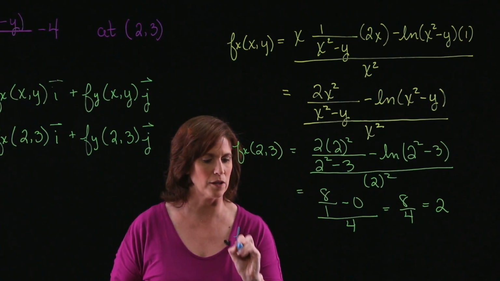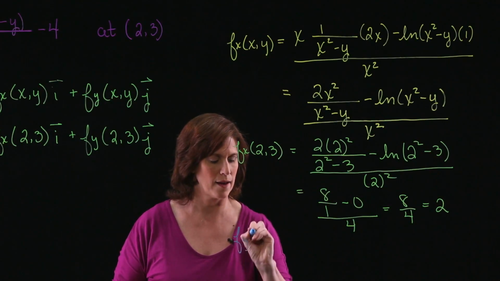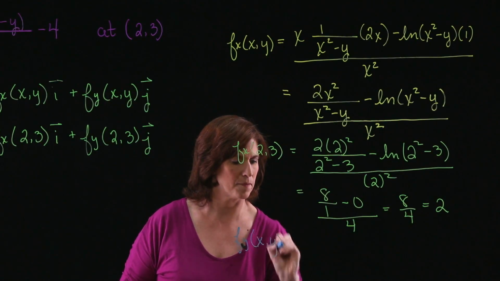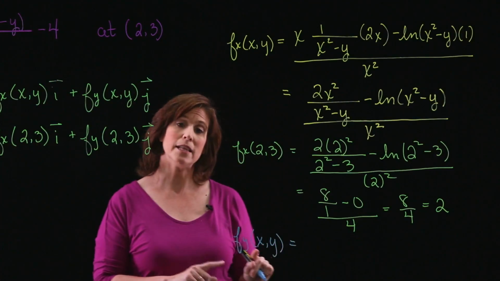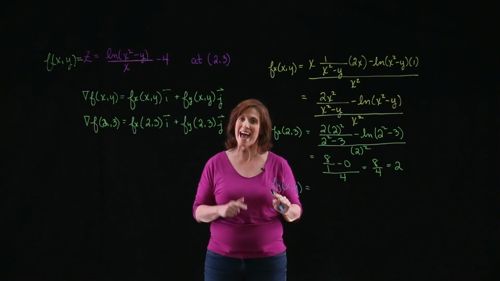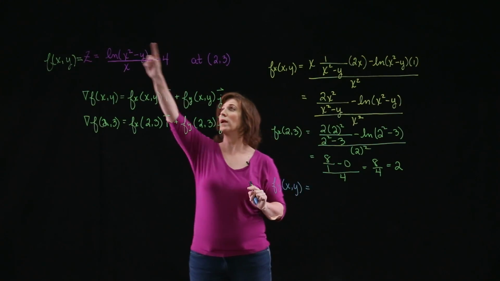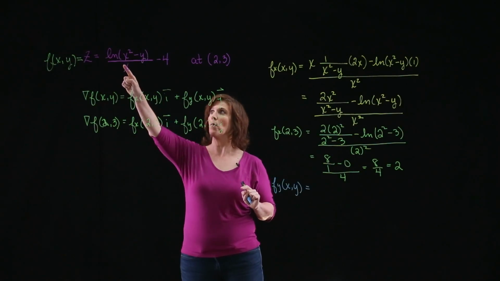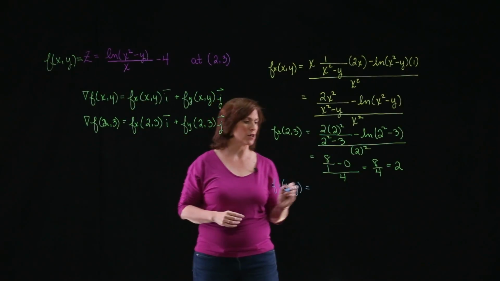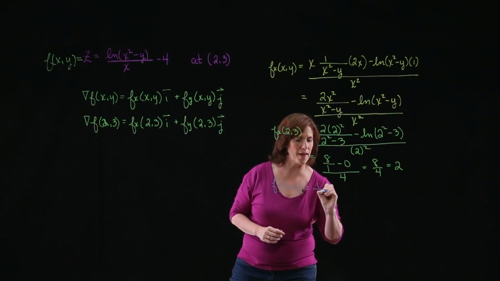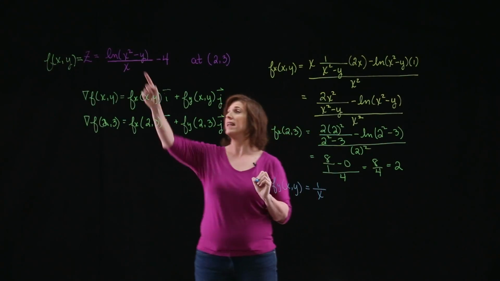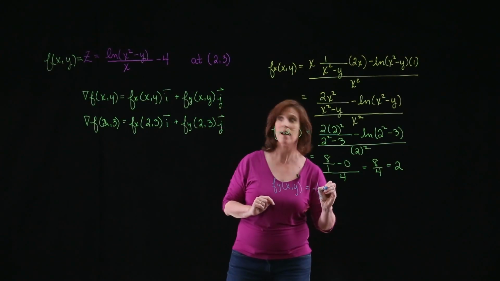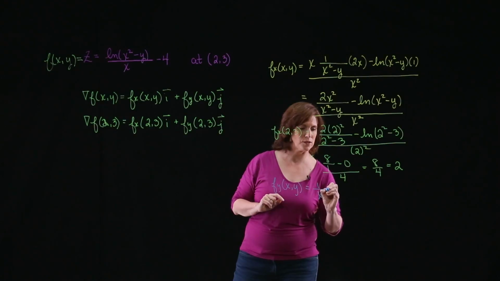Now we need the partial with respect to y. Remember, when I take the partial with respect to y, I'm treating x as if it's a constant. So that 1 over x is really just a constant multiple, so I'll pull that out. Then I'll take the derivative of the natural log of the quantity x squared minus y.